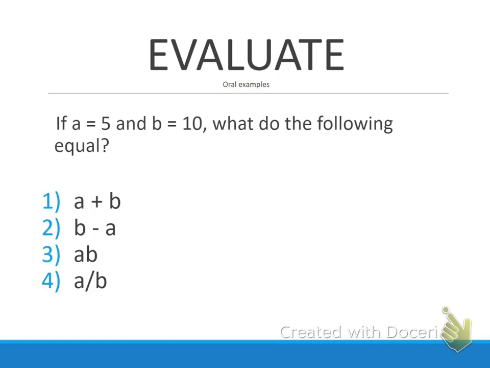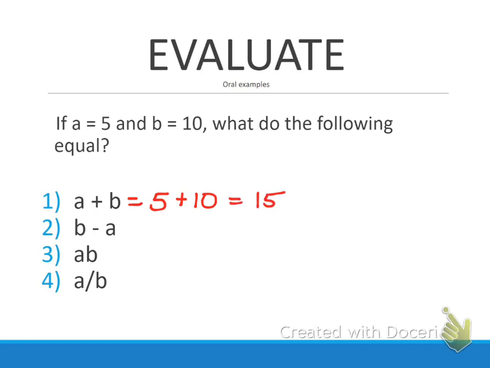You need to write down what each one equals. So the first one, it says A plus B. So A equals what? 5. And B equals? 10. All right, so I'm just substituting 5 where A is, 10 where B is. So 5 plus 10 is? 15.